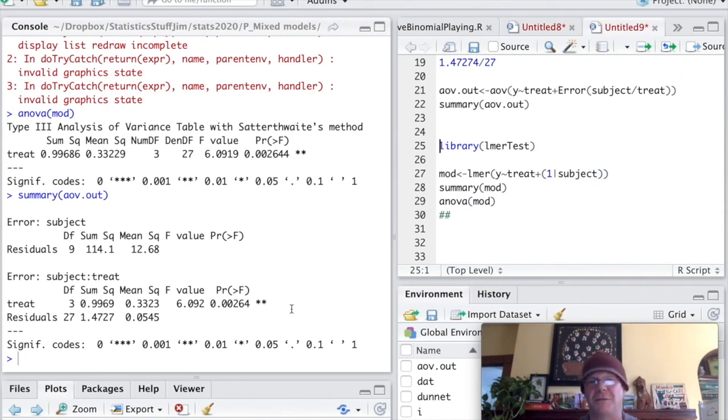But hopefully if you rewatch that part once or twice, you'll totally get what this is doing behind the scenes, which again is removing that part of the variation that we don't care about when it comes to hypothesis testing. If we're interested in how the drugs are different from one another, I don't care that subject 9 was much larger than subject 8. What I want to do is just remove all of that variation, and that's what we're doing here.